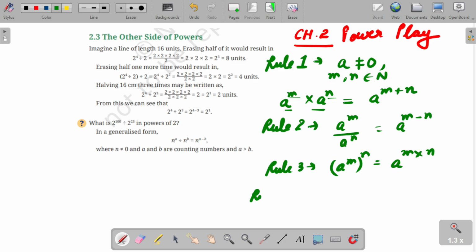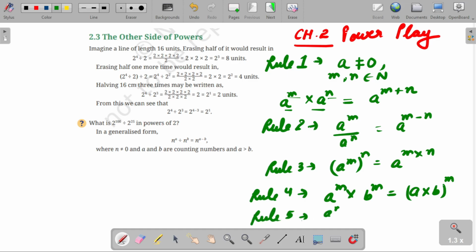Rule number 4: when we have different bases like a^m into b^m, but the same power, then we can take the power as common. Rule number 5: when we have them in divide, then again you can take the powers as common.